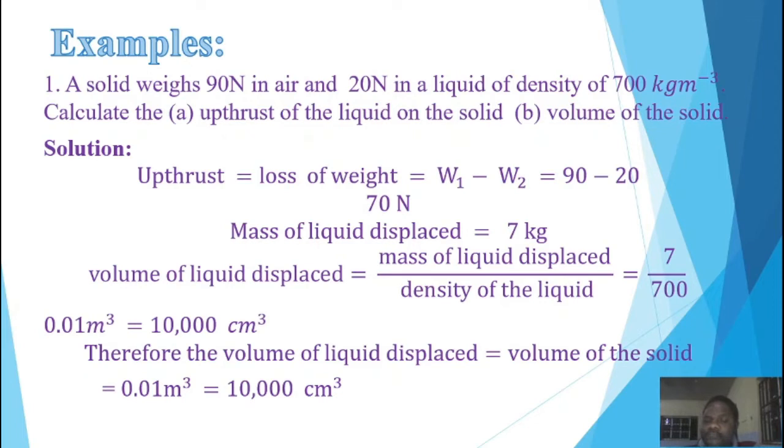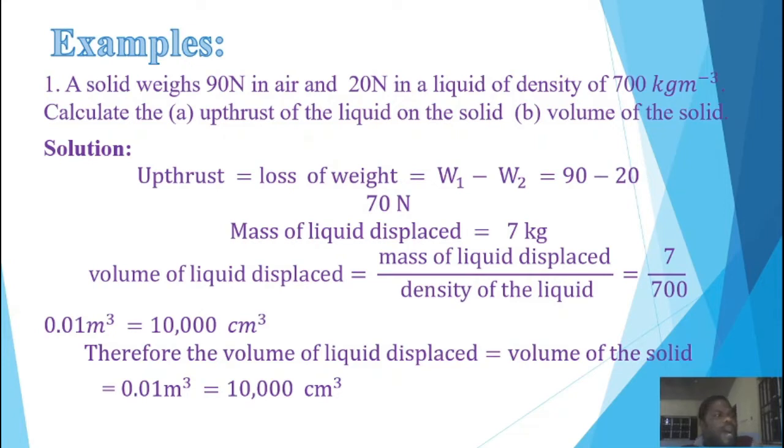If we convert the weight to mass, the mass of the liquid displaced will be 7 kilogram, since mass is equal to weight divided by acceleration due to gravity, so 70 divided by 10 gives us 7 kilogram. So it means 7 kilogram of the liquid is what is displaced.